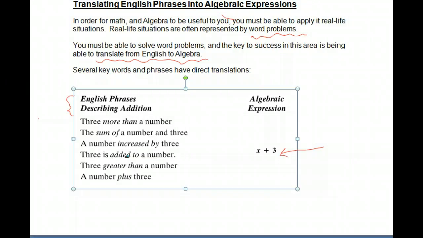Now, addition is commutative, so we could have also written our expression as 3 plus x. However, please note that it's kind of bad algebra to write your constant first. You should always write your variable term first and your constant term second. That way you're following good algebraic form.